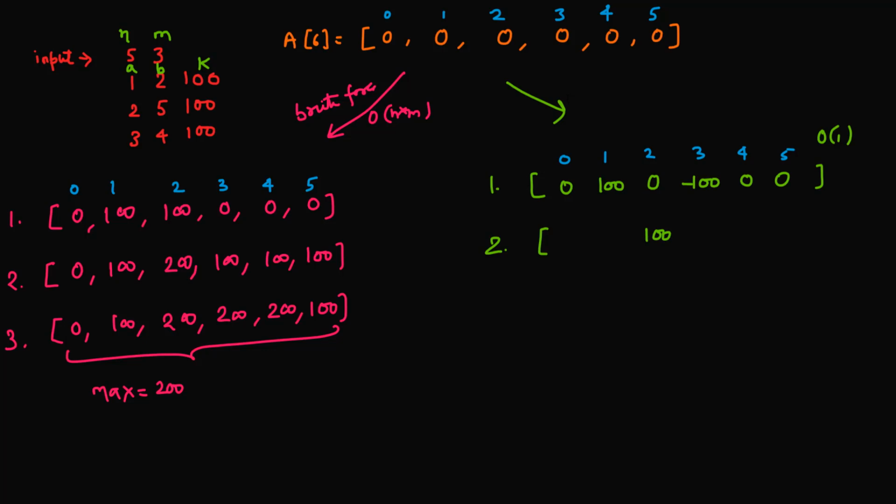So you don't need an extra element, but I just wanted to show you how it will work. Suppose I have taken 6 elements. If you do 5 plus 1, 6, you will get an index out of bound exception. This is the reason, if you are using this approach, you have to take n plus 2 size. So instead of an array of size 6, just take an array of size 7.